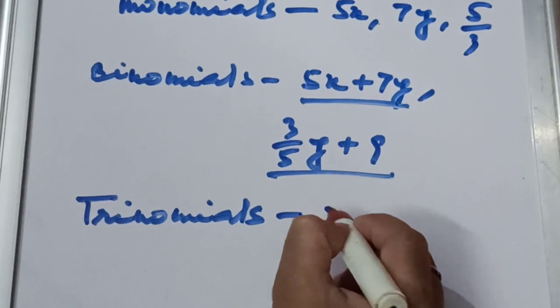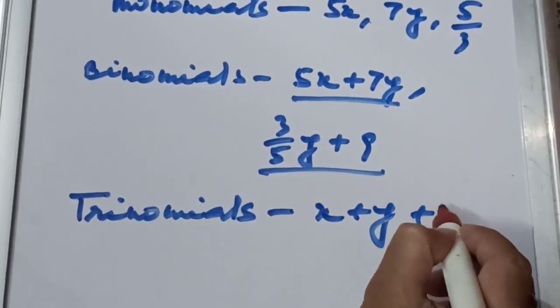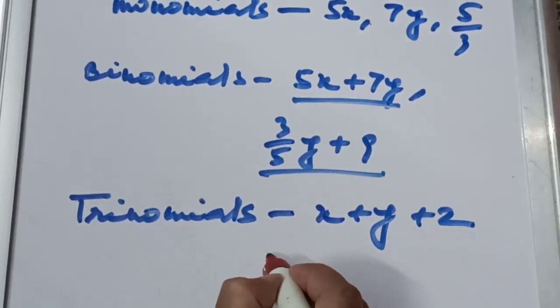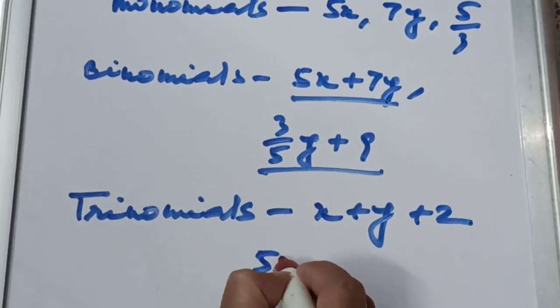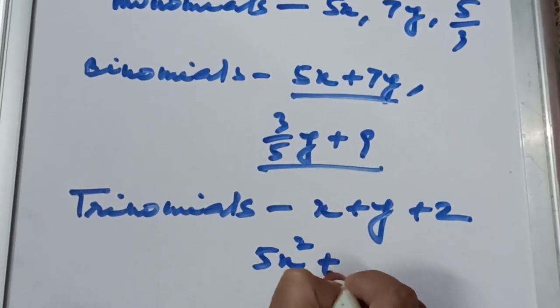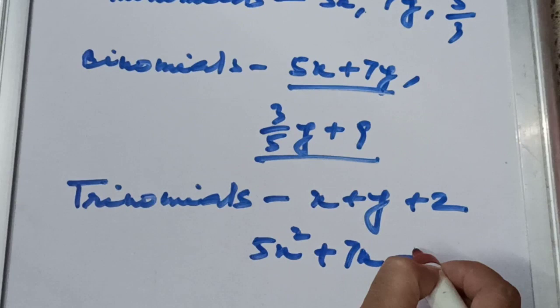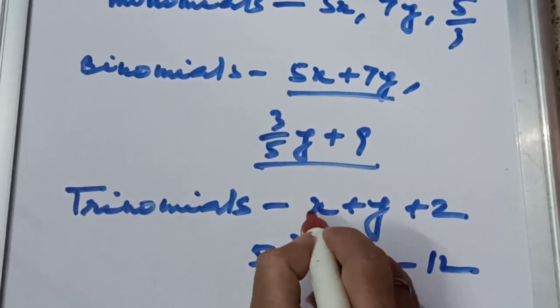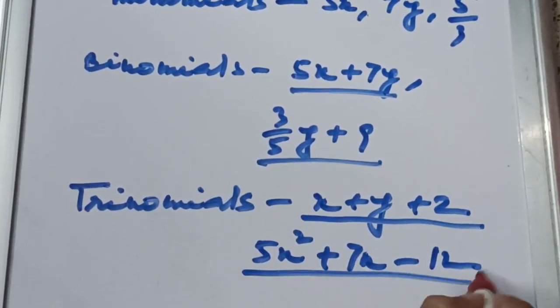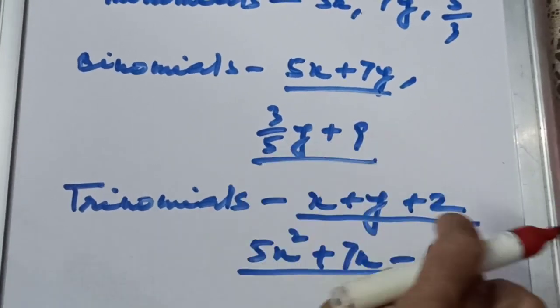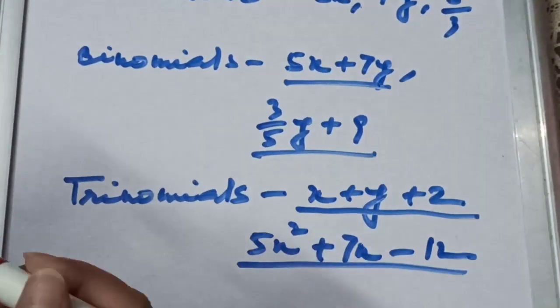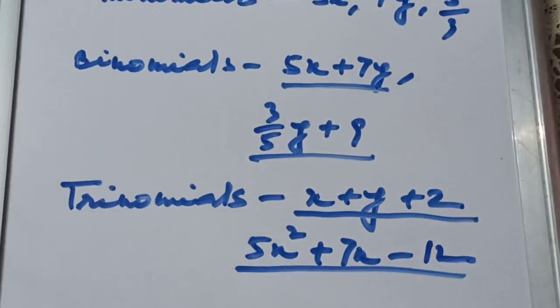Trinomials: it consists of three terms, x plus y plus z. Anything you can write, 5x square plus 7x minus 12. It consists of 1, 2, 3, three terms. Okay.